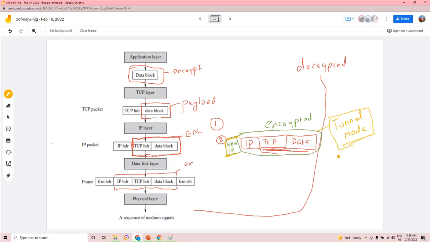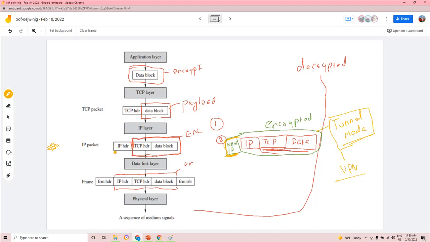I don't want to go deep into this because it would confuse you. If there is security, for example VPN security, then tunnel mode can be used. In tunnel mode, the entire IP packet is encrypted and a new IP header is attached. That is the second option. In transport mode, only the payload will be encrypted.